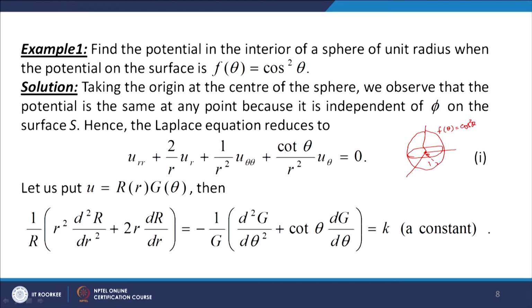You put it in this equation, what we will get is 1 over R times r square d square R over dr square plus 2 r dR over dr, equal to minus 1 over g times d square g over d theta square plus cot theta dg over d theta. Now, the quantity on the left depends on the independent variable r only, the right hand side depends on theta only, both are equal. So, they must be equal to a constant, let us say k.